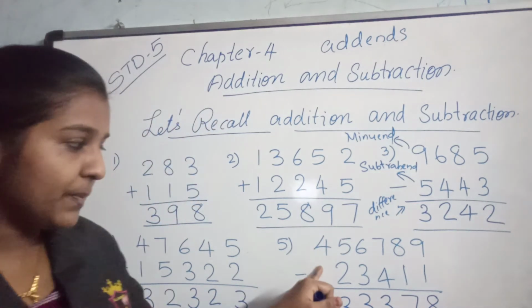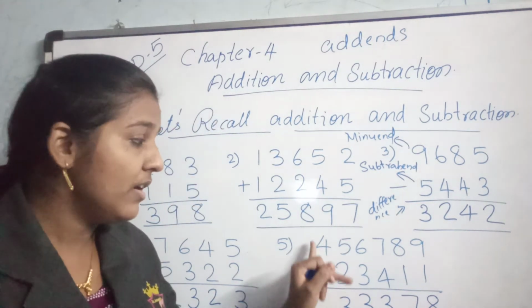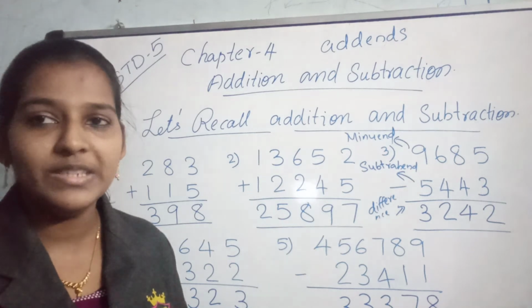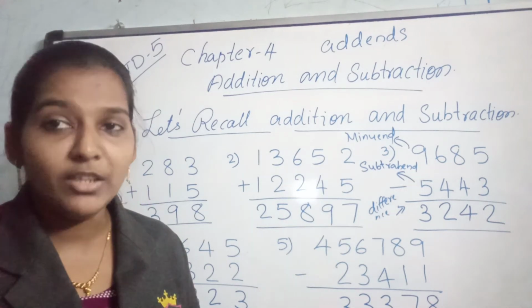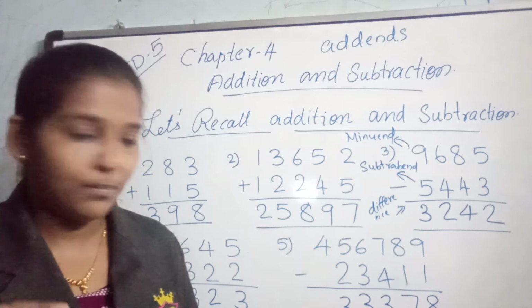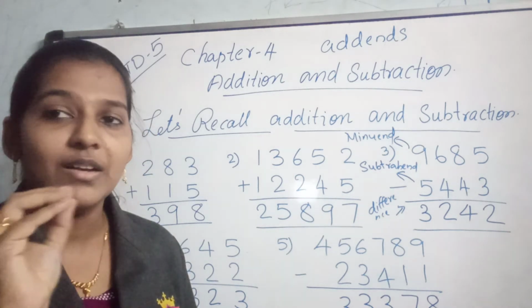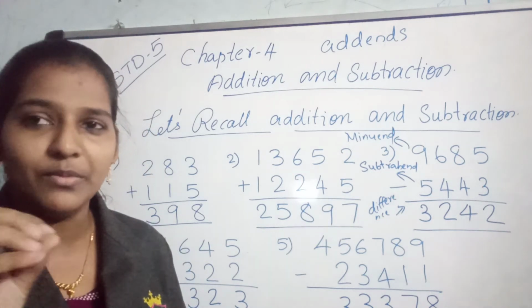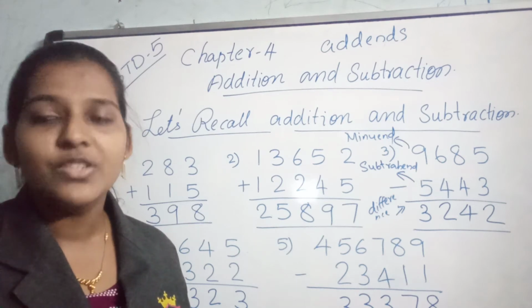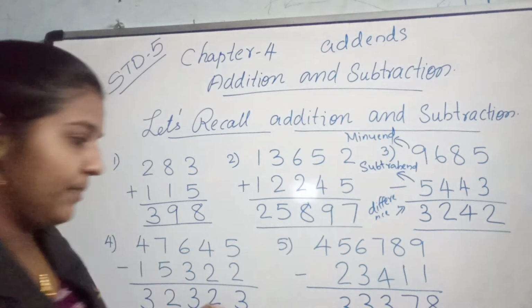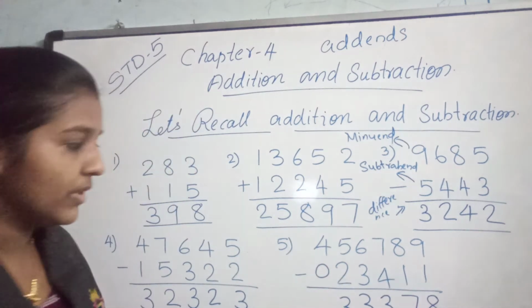Then now look at this position here. Below the number 4, nothing is given. Nothing is given there. So what is the meaning of that? You have no need to subtract any number from the number 4. Okay. So you can put a 0 there. To understand, you can put a 0 there.